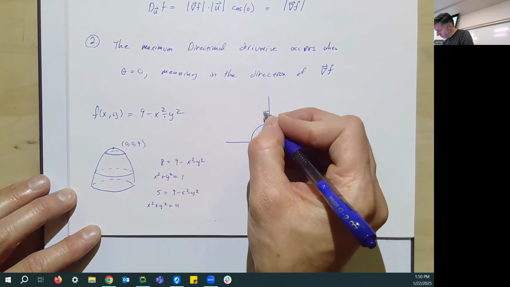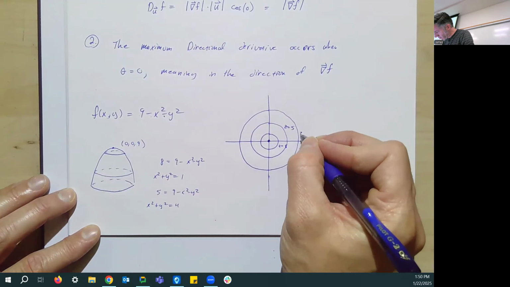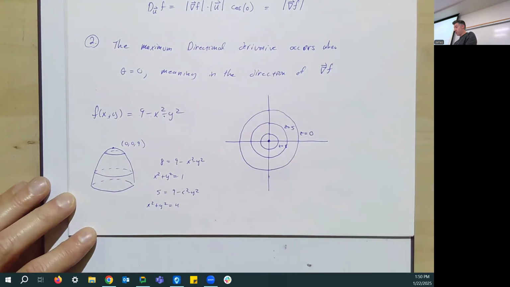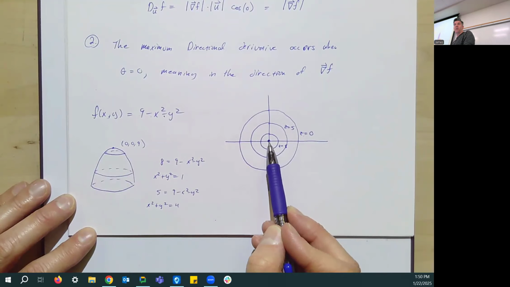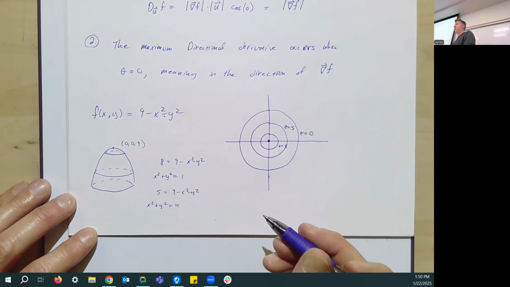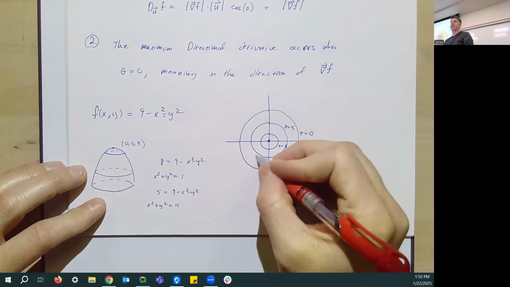My circles don't look perfect, but I'm a human. So z equals 0, z equals 5, z equals 8, z equals 9. If we wanted to travel to a higher elevation as quickly as possible, we would do something like that.